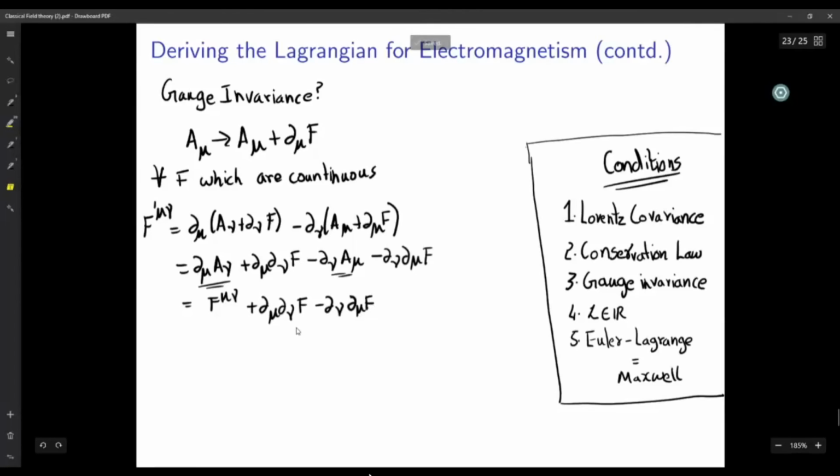Well, if f is a continuous function, which is to just say no holes in the field in which it inhabits or the field in which it produces, scalar or vector field, it doesn't matter. That means the ordering of the partial derivatives doesn't really matter. It would just give me the same result. So this would just go to 0, and I would just get F mu nu back again.